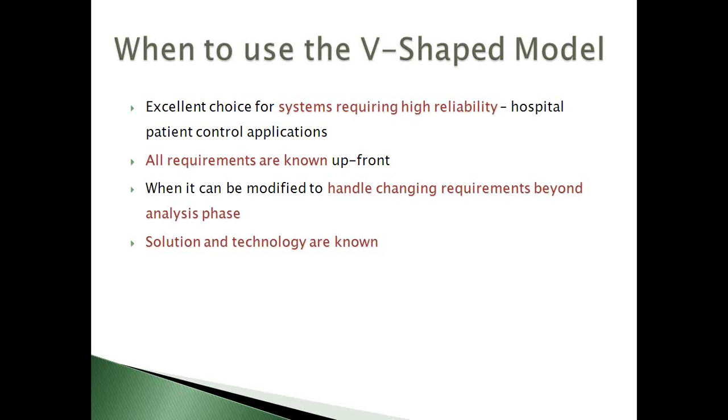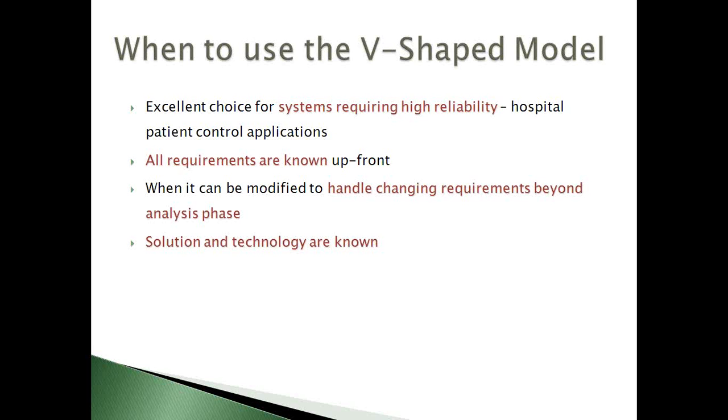And when are we going to use this V-shaped model? The first is when we need an excellent choice for systems requiring high reliability, and when all the requirements are known upfront, similar to the waterfall model. Then it can be modified to handle changing requirements beyond the analysis phase.